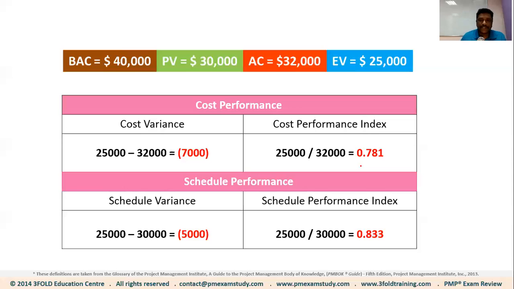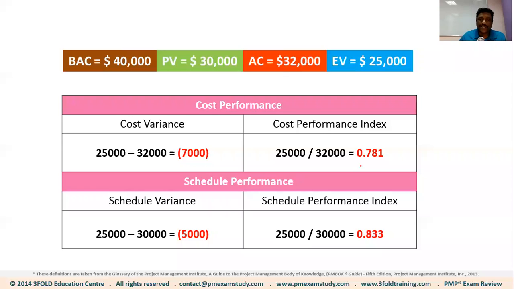The second purpose is CPI will tell you the magnitude of your project performance, right? Your performance is poor. How poor is it? So CPI is a measurement which tells you the magnitude of your good or bad performance. Or in other words, we can say a CPI of 0.78 means for every dollar you spent on the project, you pretty much lose about 22 cents.